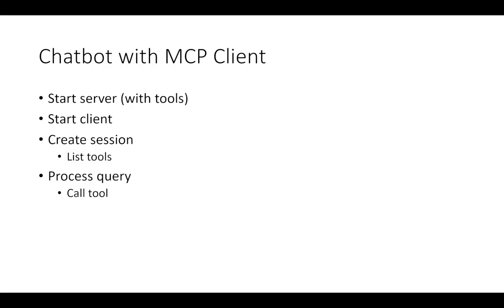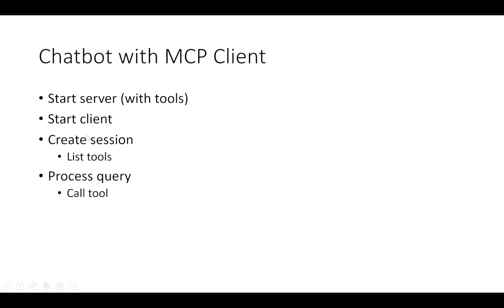In the last video, we developed an MCP server. In this video, we are going to develop a chatbot with an MCP client, and we are going to connect to our MCP server, which, if you remember, had two tools accessing the archive. Then we'll start an MCP client.